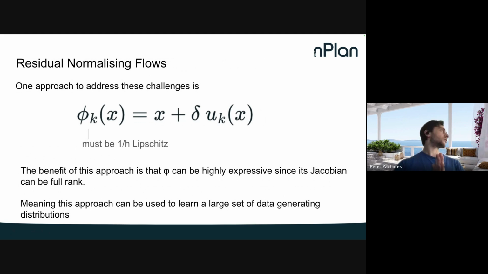I won't go into full rank, but it basically means that you can have a highly expressive normalizing flow network and still meet all of the constraints that we were talking about before. And that means that you can approximate a lot of different data generating distributions with this approach of transforming a simple distribution into a complex one.